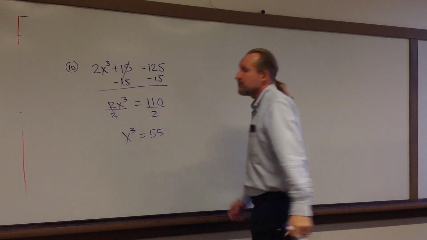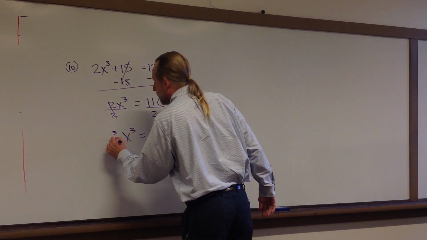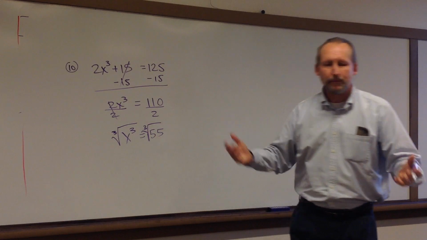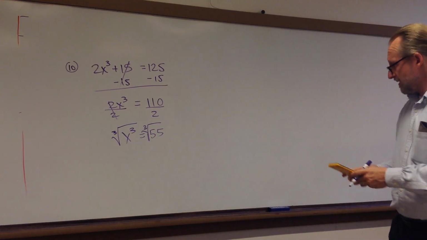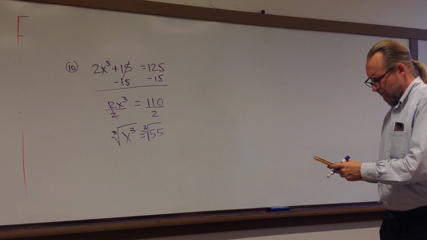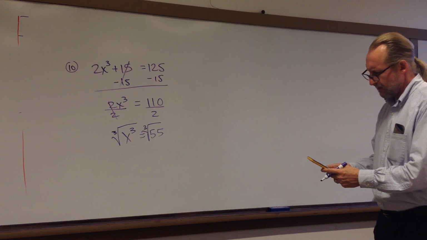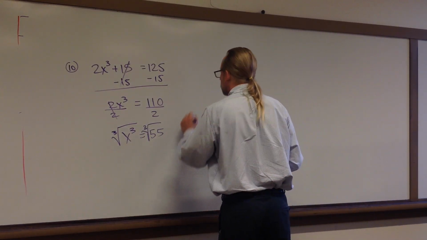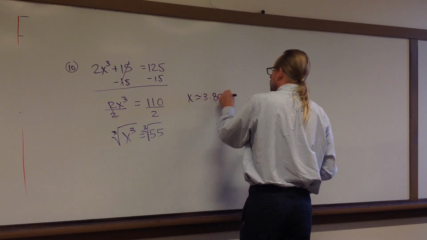X to the 3rd is 55. So now we want to take a cube root on both sides. And notice with the odd roots, we don't have to worry about plus or minus. Okay? Let's see. Cube root. And there is just a cube root button. You can use that in that math table or in that math menu. x is going to be approximately 3.803.